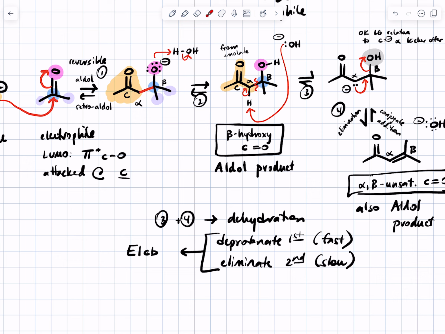The amount of base you add doesn't matter, because the slow step is the leaving group leaves. We call this E1 because only the concentration of beta hydroxy carbonyl compound matters. The CB comes from the term conjugate base, meaning you use the base really quickly to make the conjugate base of your beta hydroxy carbonyl compound, and then in a slow step, that OH group eliminates. That's called an E1CB mechanism.